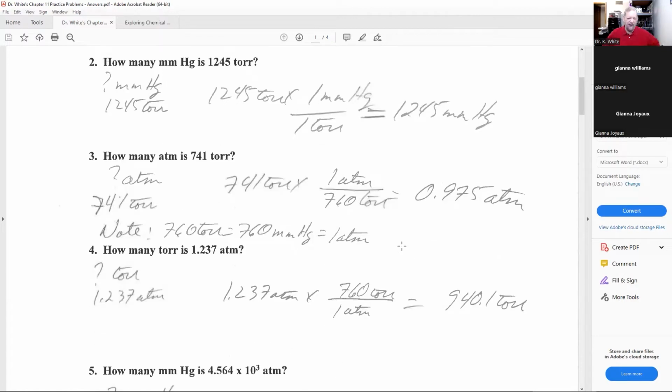Now, let's look at number 3. How many ATM, that's short for atmospheres, is 741 torr? We're trying to get to atmospheres, and we're given 741 torr.